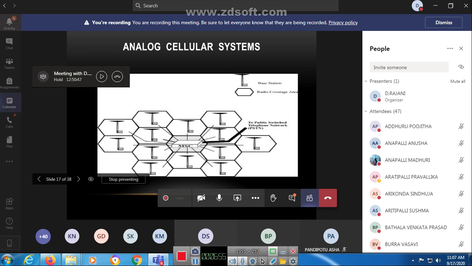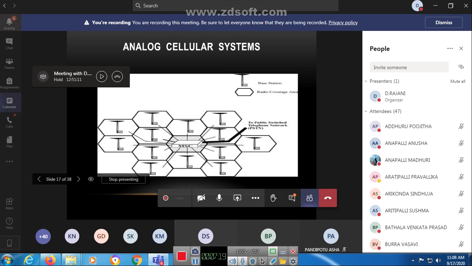This coverage area covers the signals for this base station. Suppose it is out of 100 kilohertz, say 200 kilohertz. At that time it crosses this area, so it will not cover this. That's why the signals are very weak, then the call will be disturbed. So this is the analog cellular system.